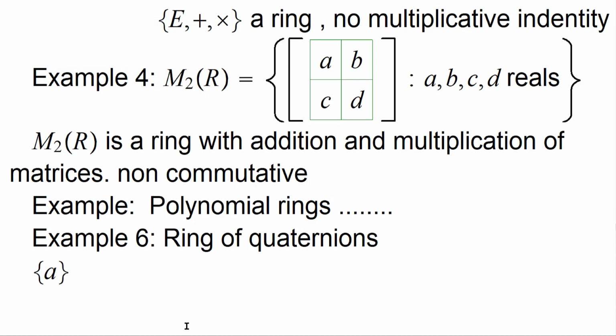That is, we are going to take them as a plus bi plus cj plus dk, so that a, b, c, d are all, say, real numbers.